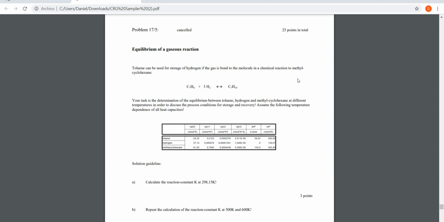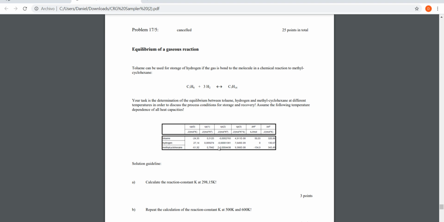So the problem says toluene can be used for storage of hydrogen if the gas is bound to the molecule in chemical reaction to methyl cyclohexane. Here is the reaction. Your task is the determination of the equilibrium between toluene, hydrogen, and methyl cyclohexane at different temperatures in order to discuss the process conditions for storage and recovery. Assume the following temperature dependence of all heat capacities. So here is a table.